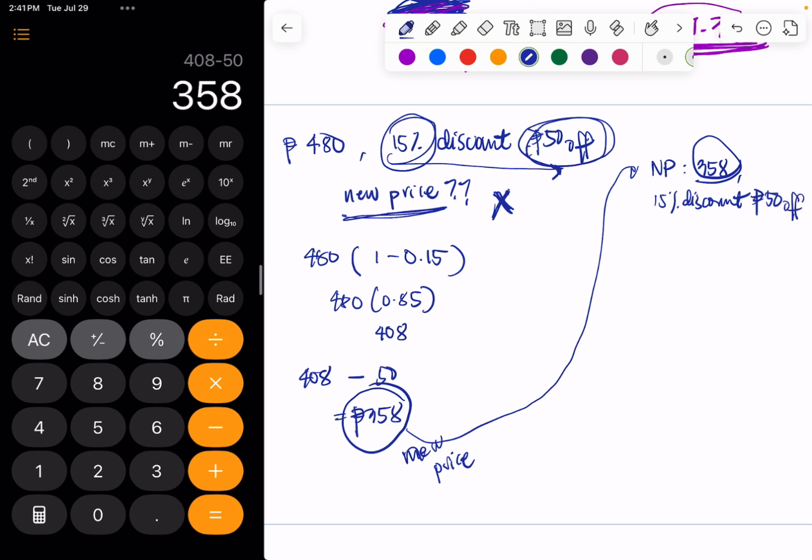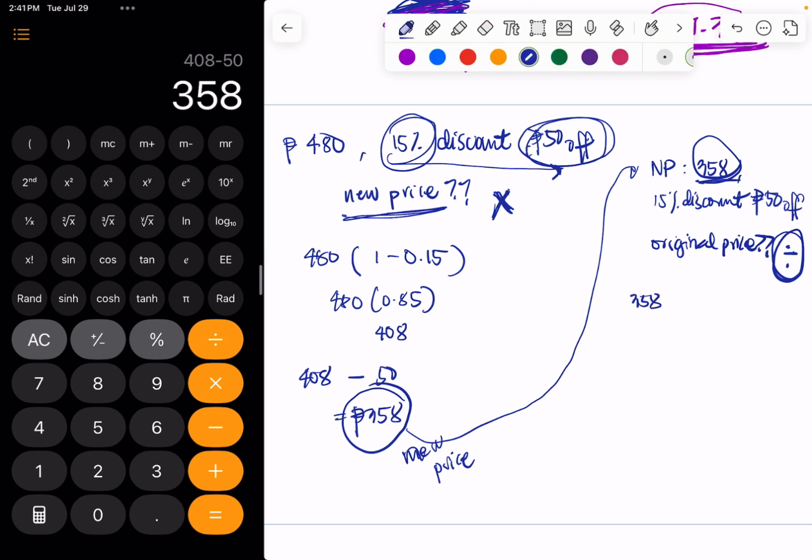What is the original price? Okay, so since it is original price, unsa ang gamiton? Division. So that means new price, 358.